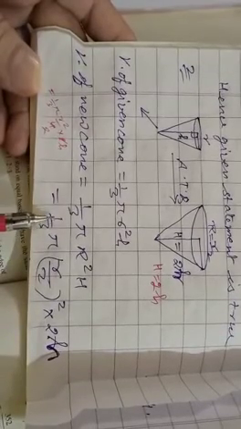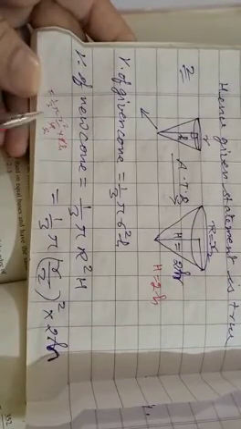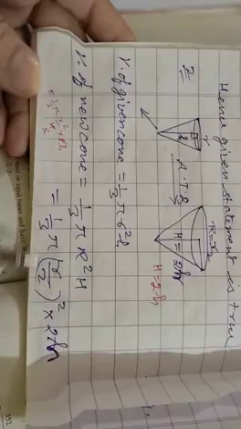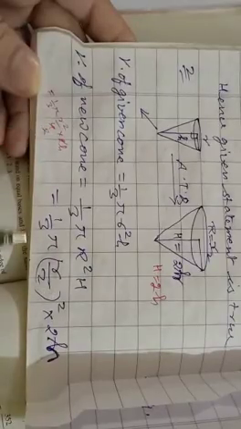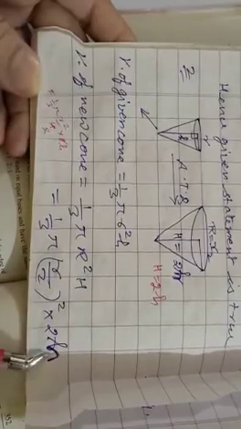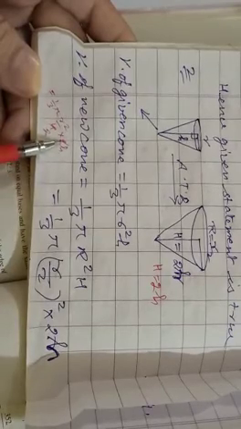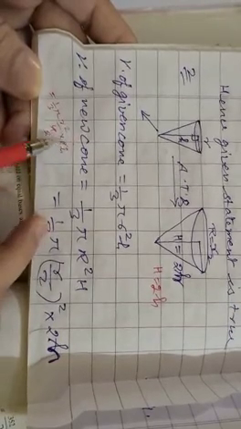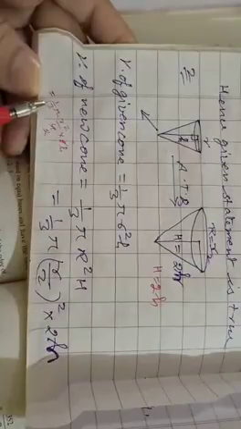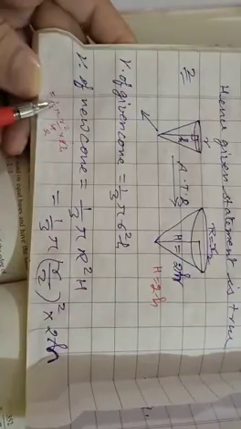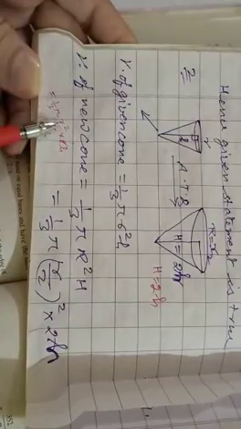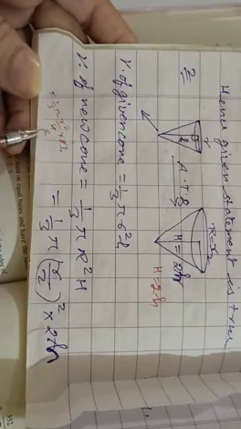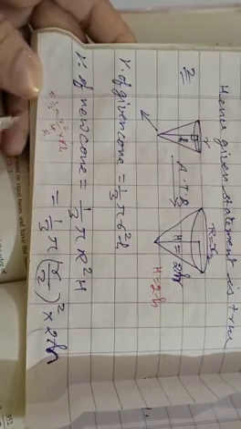Now 1/3 pi r square upon 4 multiplied by 2h. 2 ones are 2, 2 twos are 4, giving 1/3 pi r square h upon 2.